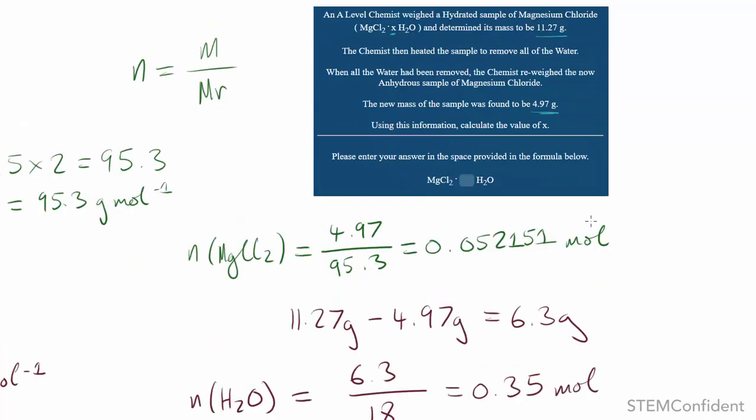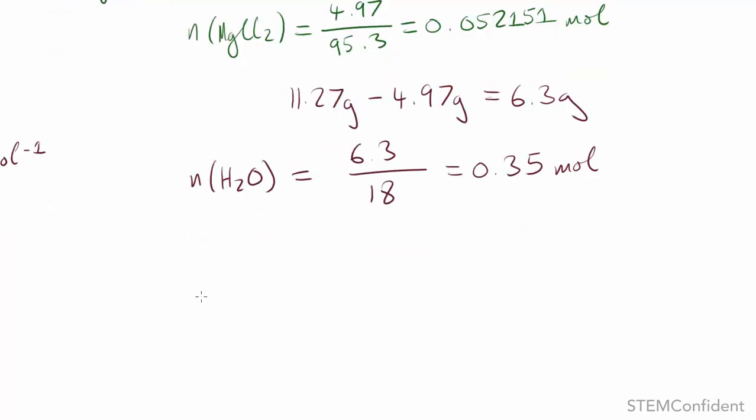And the question really is here, how do we need to compare them, right? So what I'm going to do, because MgCl₂ is on the left hand side here, H₂O is on the right hand side, I'm going to put MgCl₂ on the left hand side. So we're going to say MgCl₂, the number of moles of that compared as a ratio to the number of moles of H₂O, right?